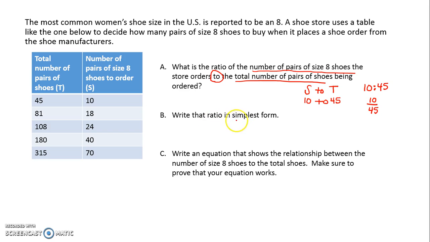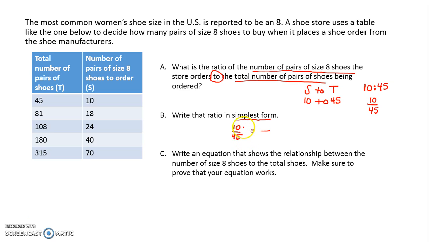Let's go ahead and write that ratio in simplest form. So I'm going to take my 10 over 45. I find it easier to look at it in fraction form, but that's just my personal view. And if your teachers need it in simplest form, what's a number that I can divide both 10 and 45 by?